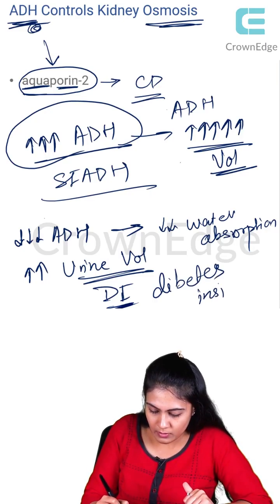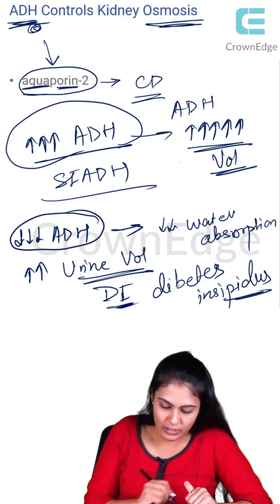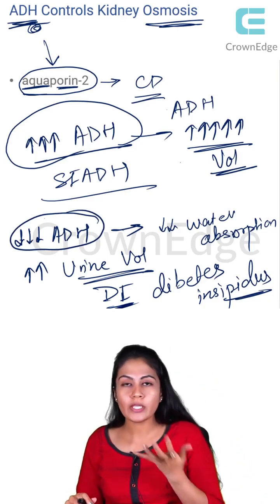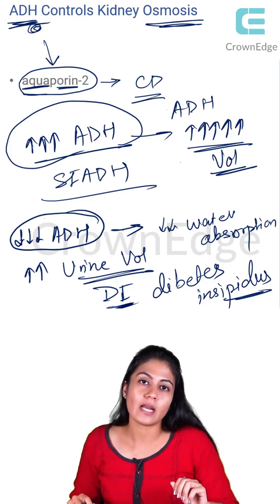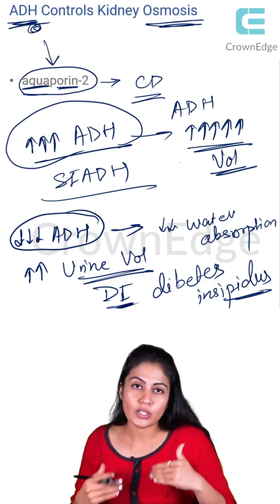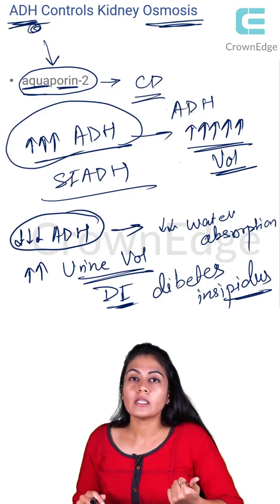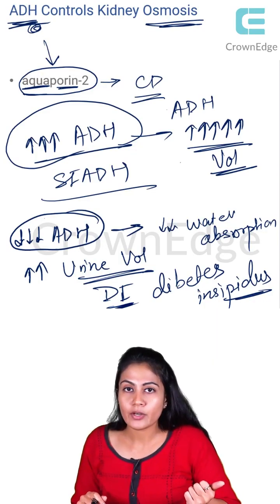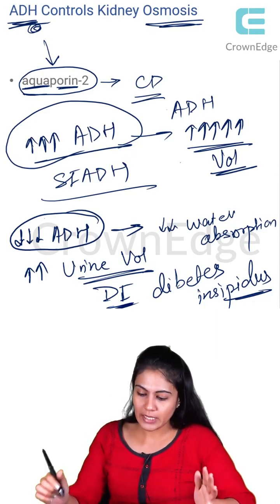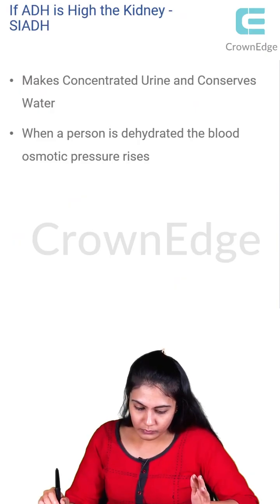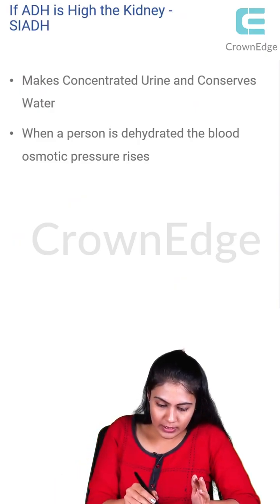In this, what is the problem? The ADH is secreted much less, so much urine volume is produced, and the urine water excretion is much more. So what will be the problem in this person? This patient will present with dehydration and polyuria, right? That's what it is telling over here.